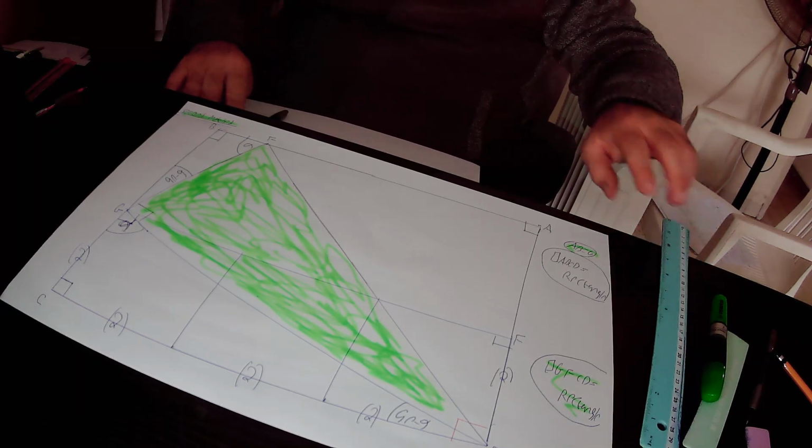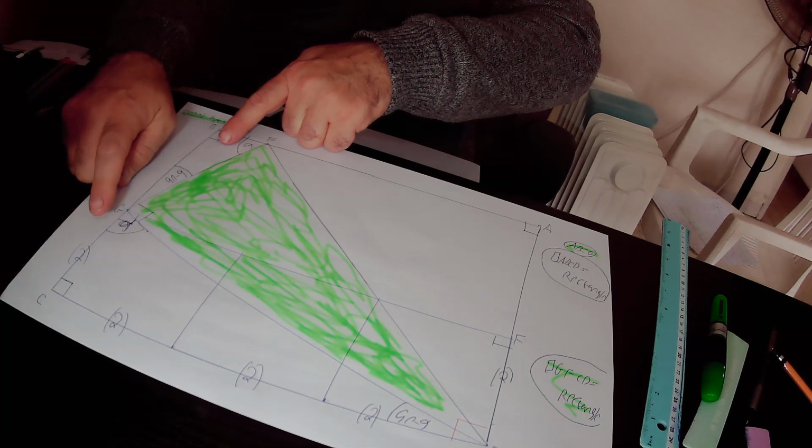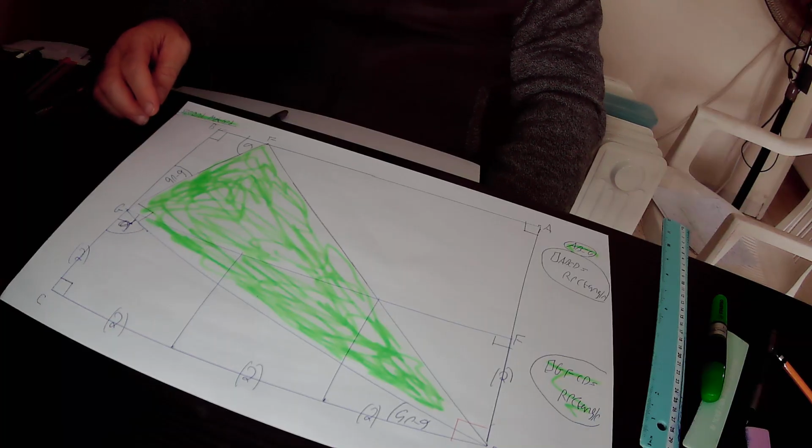And from the fact that those two right triangles are similar to each other, we know that the following relationship exists between their sides.